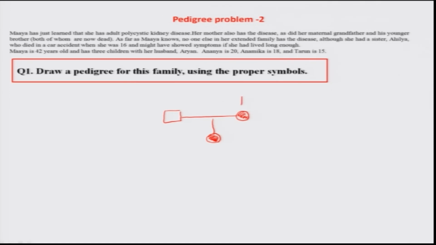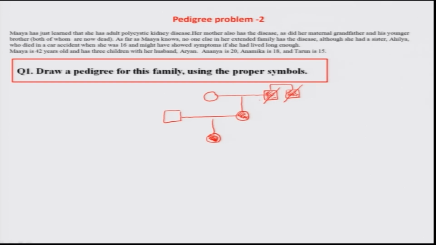So Maya's mother and now her parents, that is Maya's grandparents. This symbol, the square, denotes her grandfather, and the circle her grandmother, and now her grandfather's younger brother also had the disease. So we will fill the symbol and both are dead.